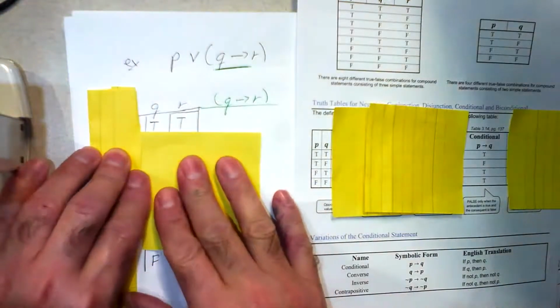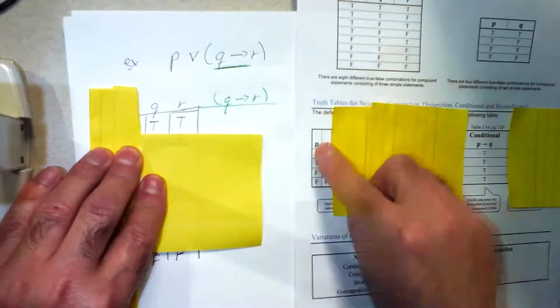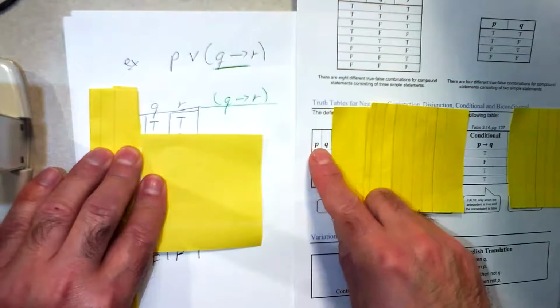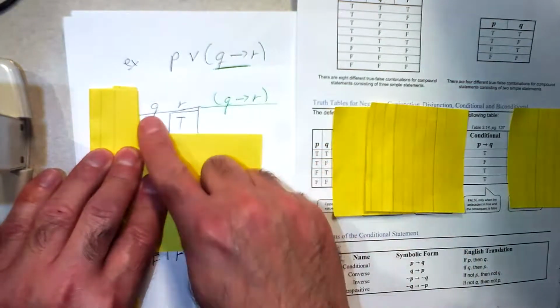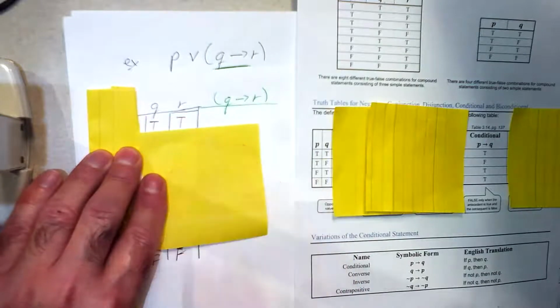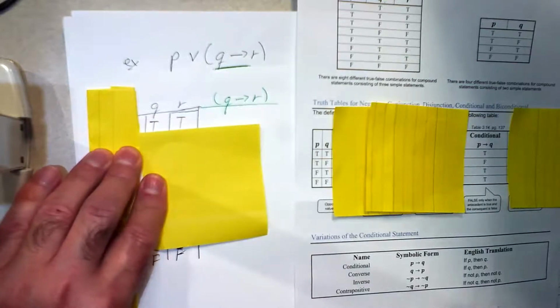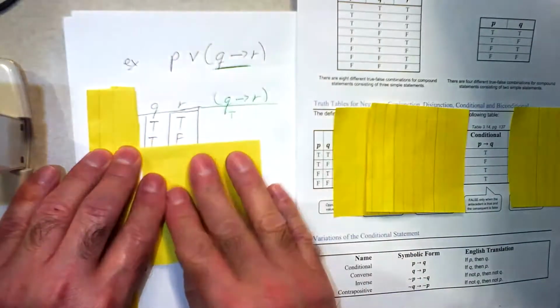I'm comparing Q and R. These are my Q and R's. Don't look at the bolded ones. You're looking for the pairs. You want to see where they match, right? So I need T arrow T. So I'll go over here, that is a T. Right?